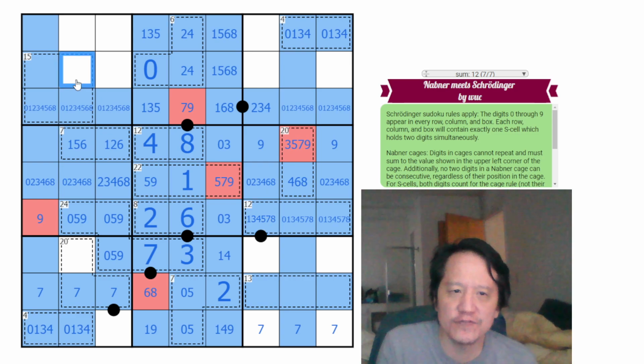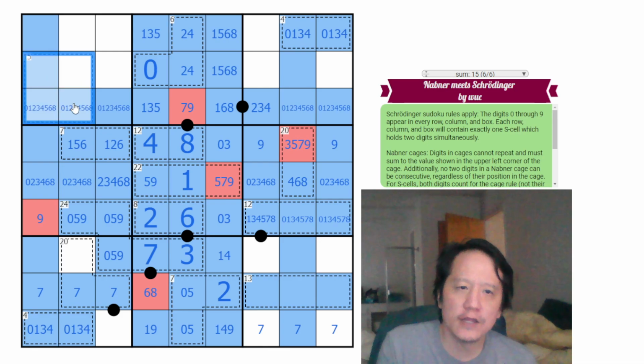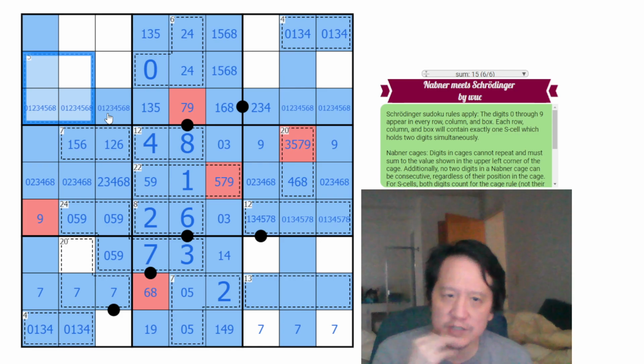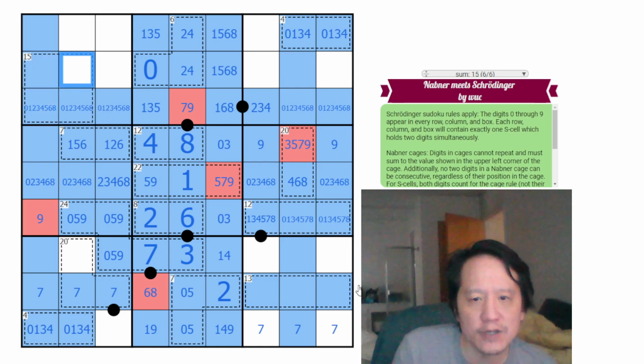Oh, 15. And you have 5 digits that add up to 15. 0, 2, 4, 6, and 8 is in the minimum. That's 20. So this cannot be a Nabner. Or sorry, Schrödinger.